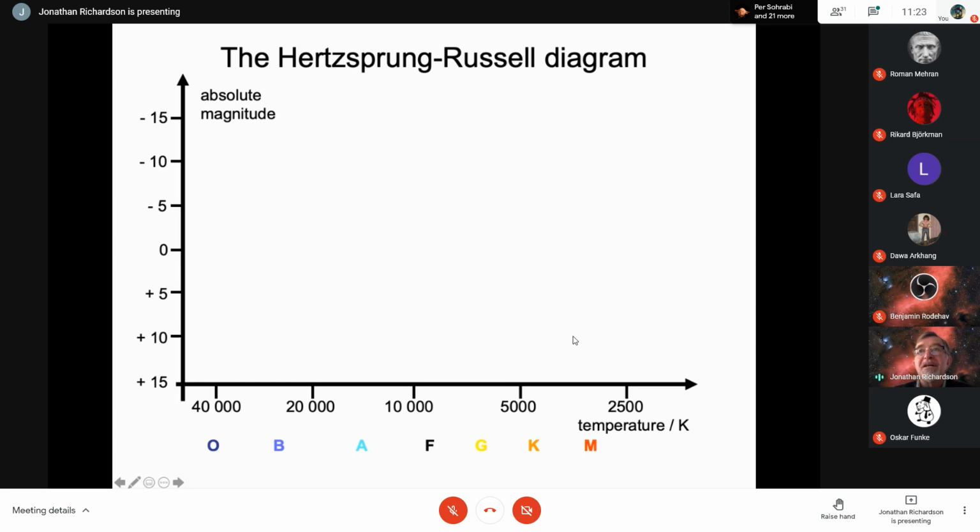Cool red stars tend to be class M. The sun sits somewhere between the G and K type stars. So we have a classification which allows us to identify most of the types of stars we see. We see the colors, so we can guesstimate their temperature.